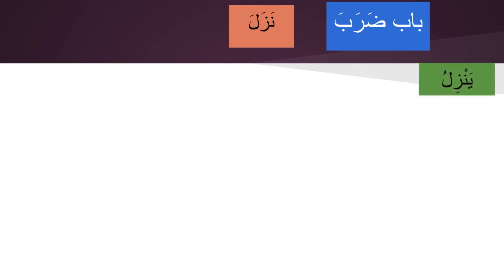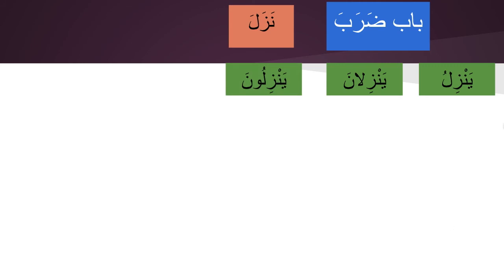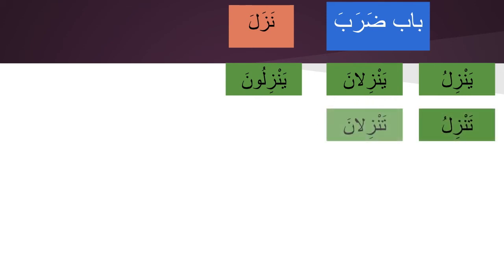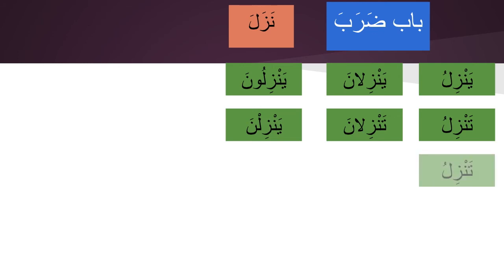So if we do another from a different bab, nazala, it is bab daraba. So daraba yadribu. So nazala will be nazala yanzilu, yanzilu, yanzilani, yanzuluna. So we should be able to identify which is fa'il and where it is mustatir. Tanzilu, tanzilani, hunna yanzilna.